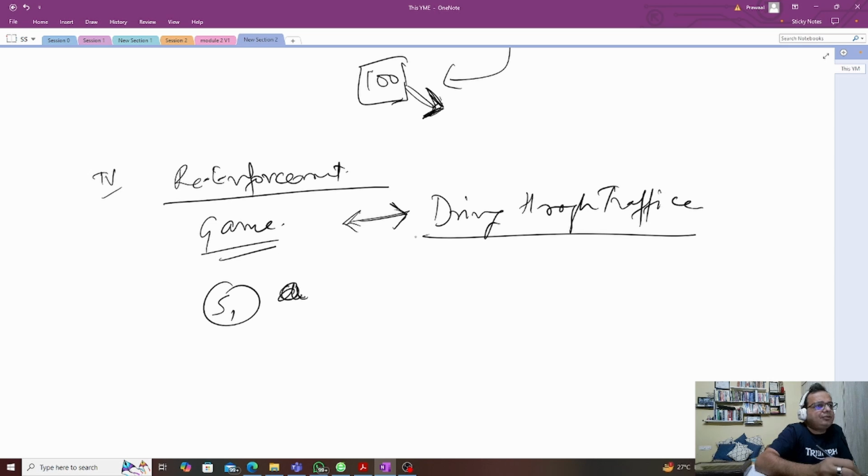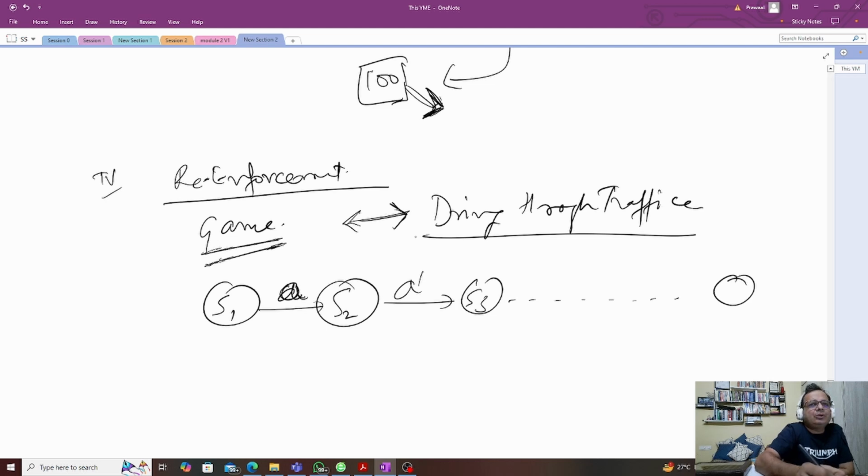The action in case of a game can be, let's suppose you are playing a chess game, and you say, okay, let me start my game with Sicilian defense, or whatever is your favorite opening, and then you go to state S2, and then you take another action, and you go to S3, and you keep doing this till you reach a conclusive end state, and you can either win, lose, or it can be a draw.